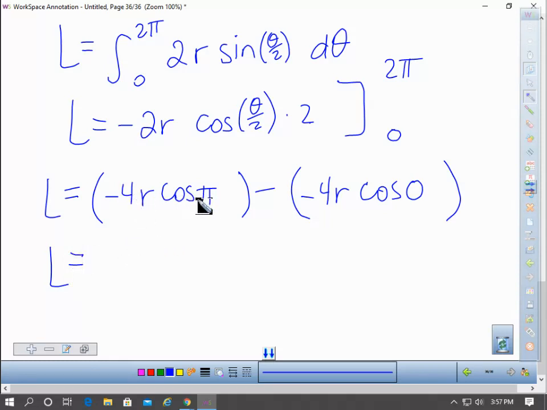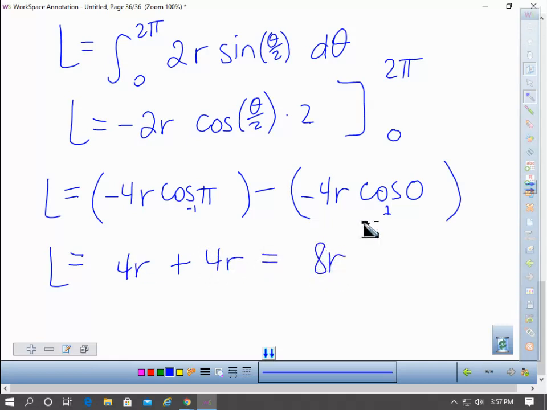What's the cosine of pi? Cosine of pi is negative 1, so this makes positive 4r because you have negative 4r times negative 1. And the cosine of 0 is positive 1, so this ends up being plus 4r times 1. So that's 4r. Our final answer is 8r.